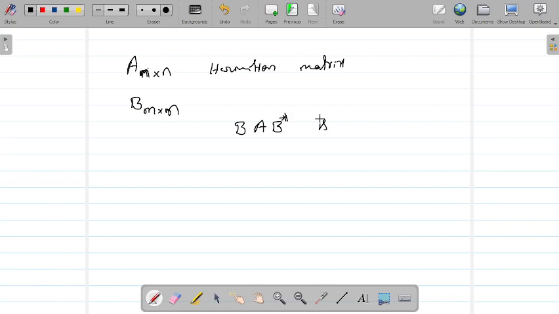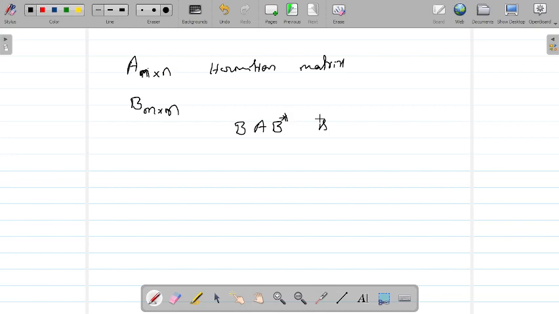Let me write a 2 by 2 matrix. So 1, and let me take 1 plus i here, and 1 minus i, and 2. You can see the conjugate is 1 minus i, 1 plus i, 2 conjugate.